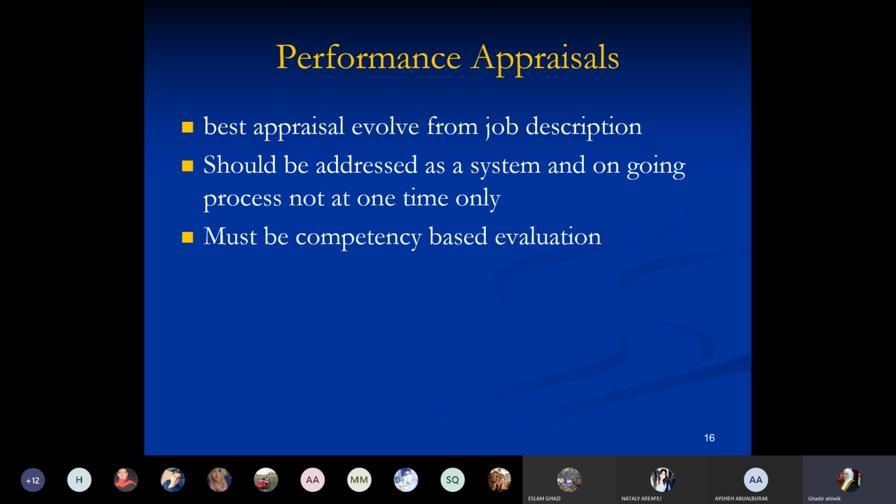Also, it must be a competency-based evaluation. Competency-based evaluation indicates the same process that we use to evaluate you as students during all of our courses. We evaluate you based on competencies of patient safety, for example, communication, and performing procedures effectively, like IV cannula insertion.